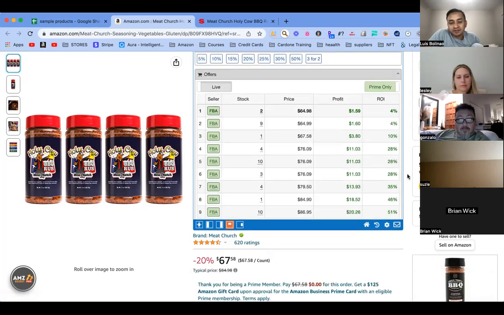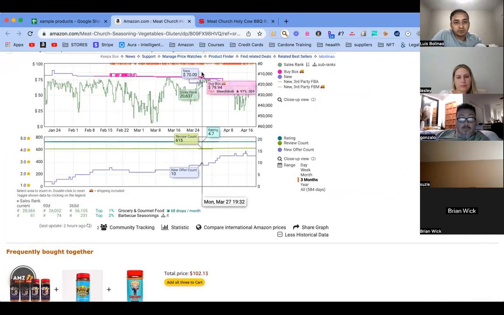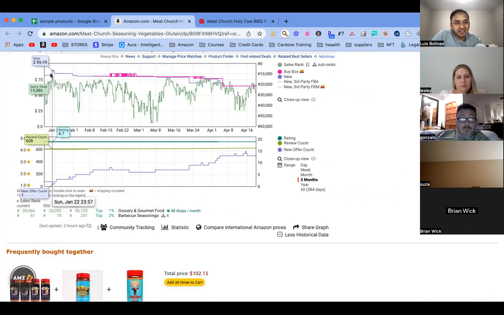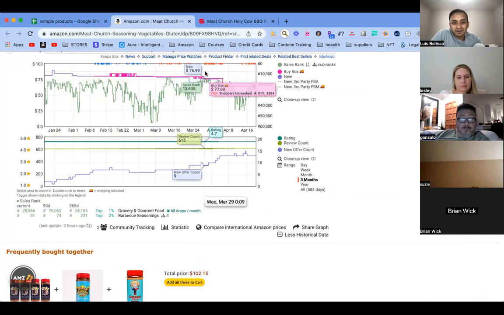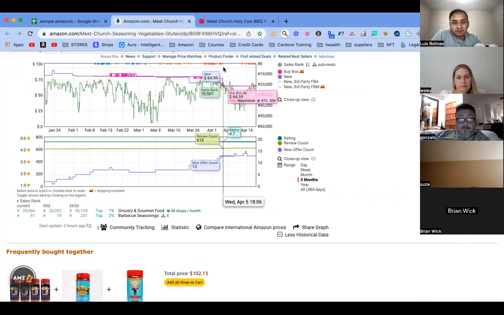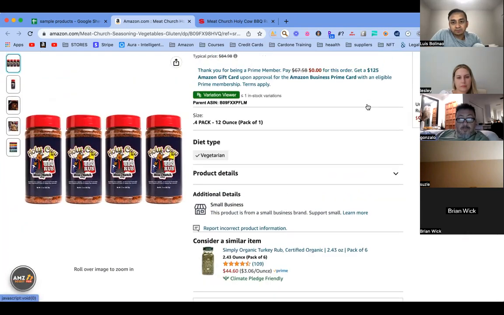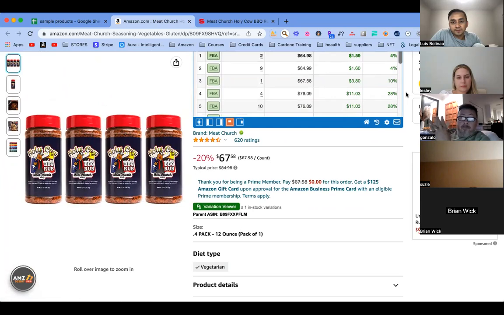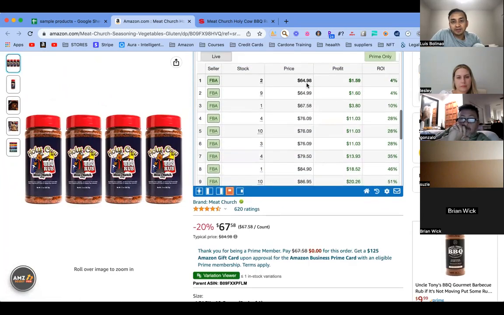And then you can take it one more step and look at Keepa. So this product has been selling at like $80 to $85 very consistently. And then here it dropped down a little bit, and then here it dropped more. I think this should go back up.